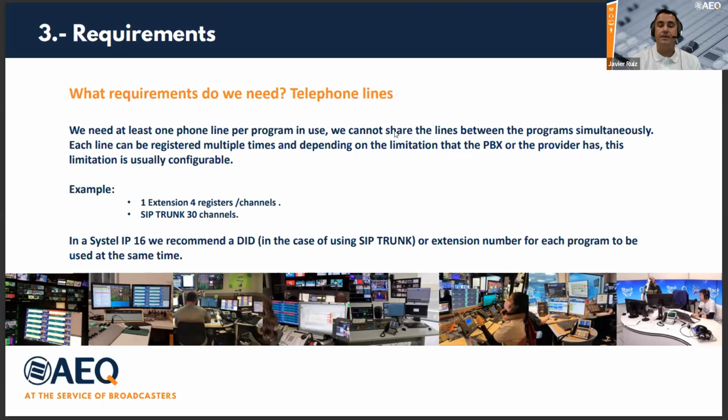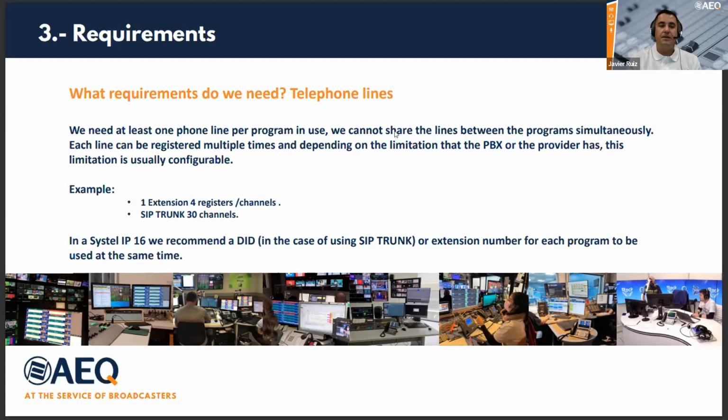Normally each line can be registered multiple times, depending on the limitation of the PBX, which is normally configurable. Normally an extension has up to 4 registrations, 4 lines, and a SIP trunk has 30 channels.